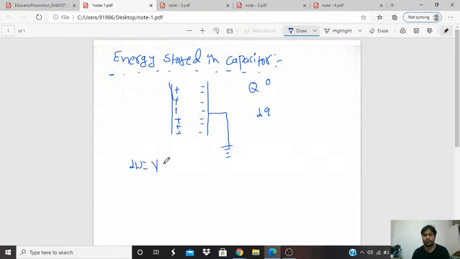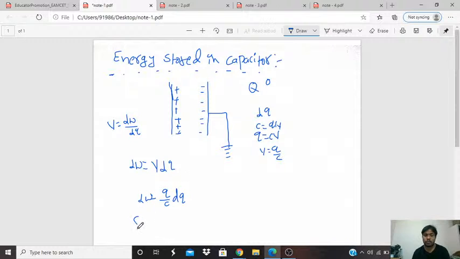Potential into dq, because potential is work done by charge. So dW is V dq. Actually V equals Q by C, because Q equals CV. So V equals Q by C, or C equals Q by V. This is a small work done.